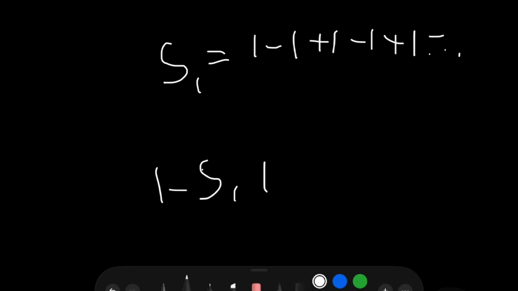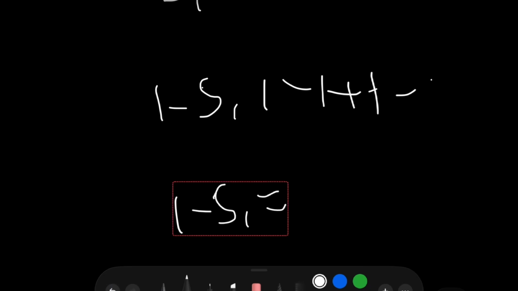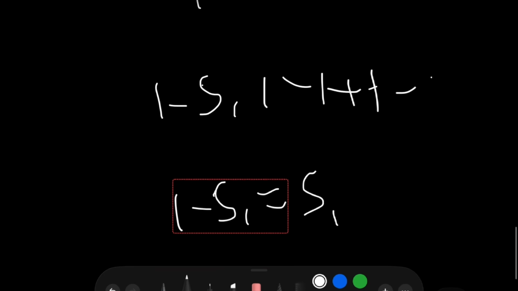So we'll put a 1 here, and then it's minus, and then it's plus, and then it's minus. 1 minus 1 plus 1 minus 1 plus 1. And because we got the same thing, that means that this equals this S1.